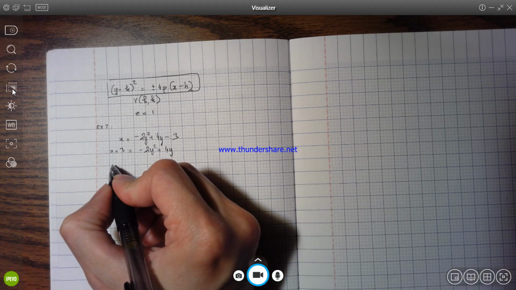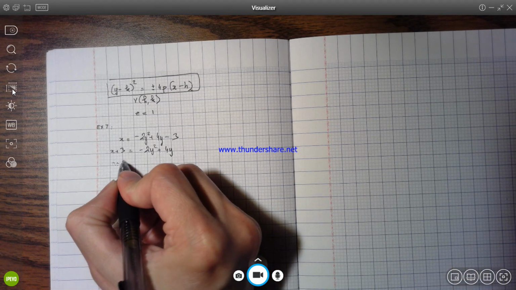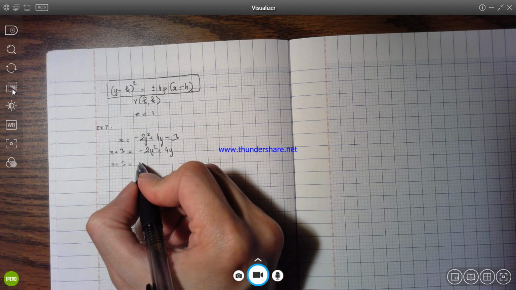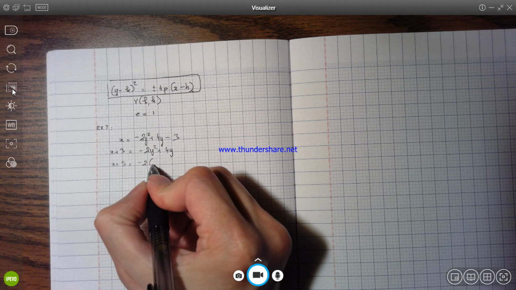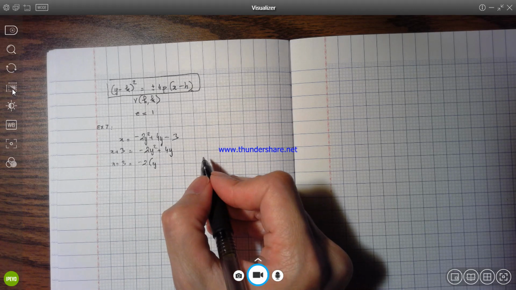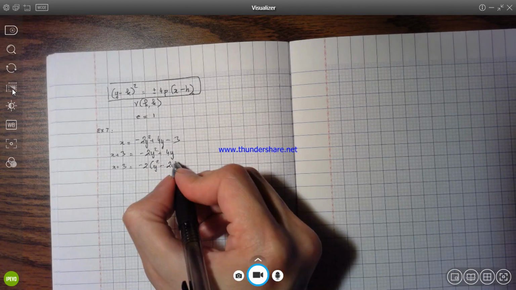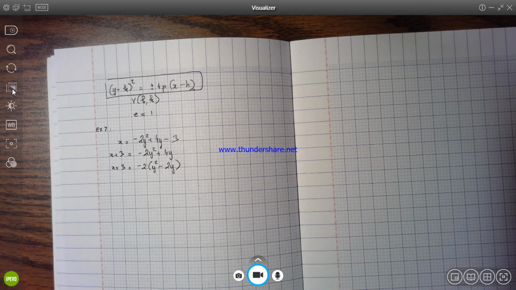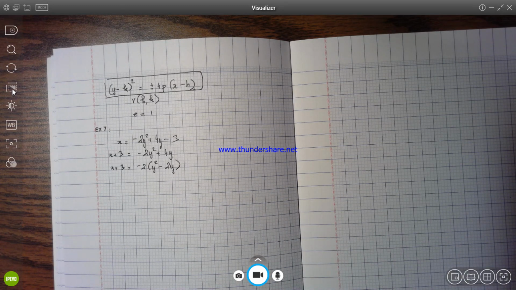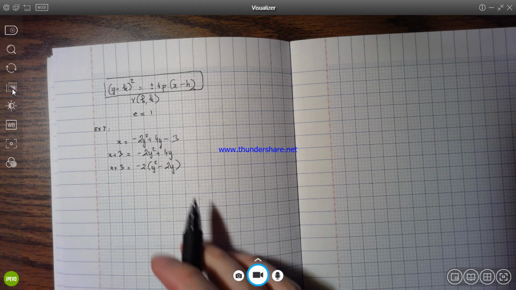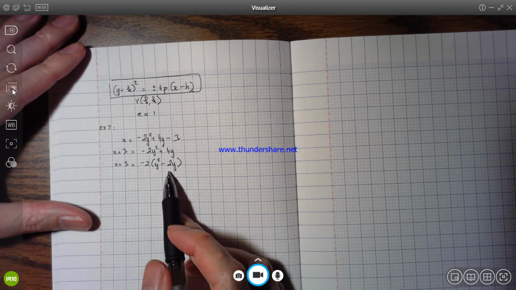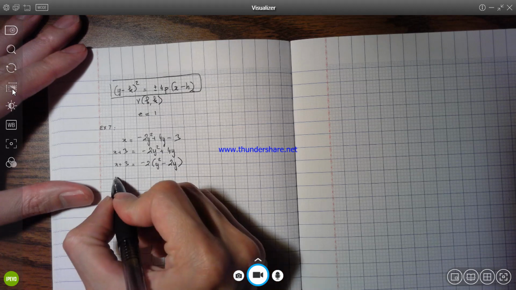Then I'm gonna factor -2 out, and we have y square minus 2y. Okay. And you see the y square minus 2y, I take the middle term 2y divided by 2, and you square it. You remember the step we are learning in college algebra.